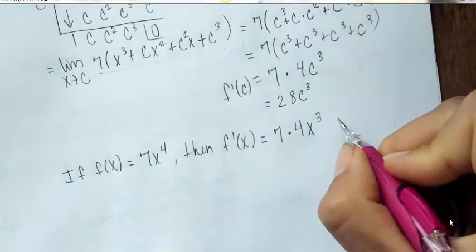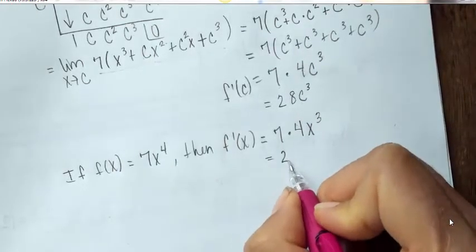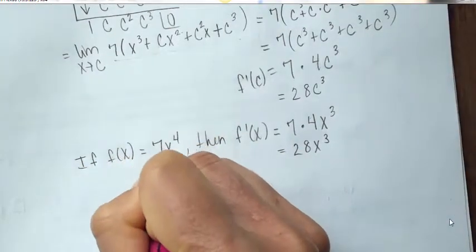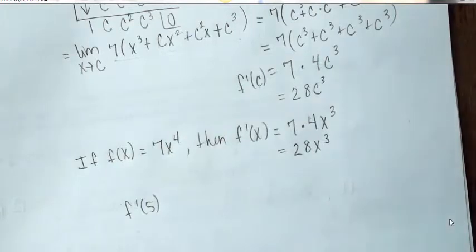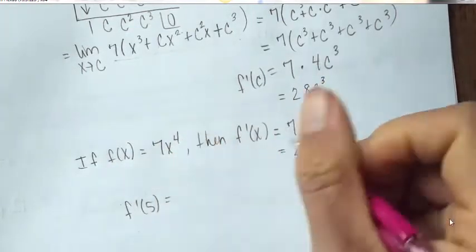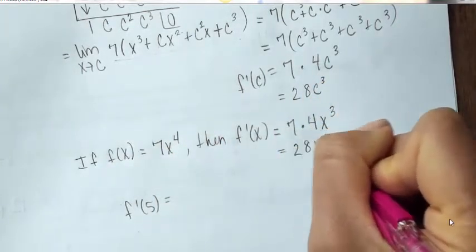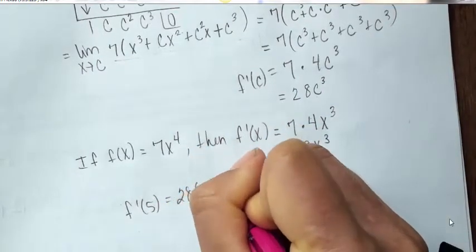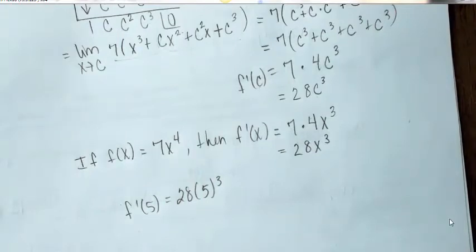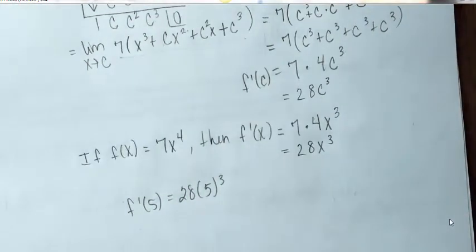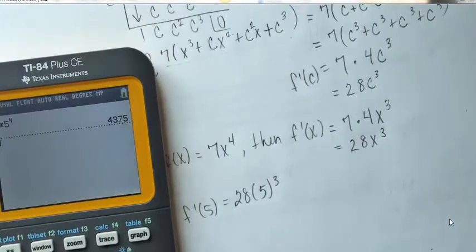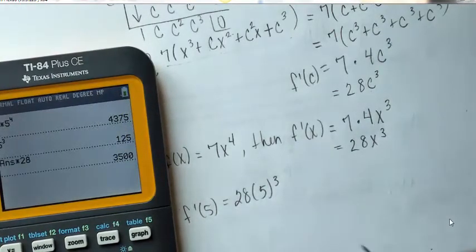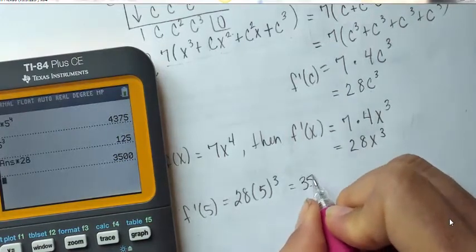And so that's basically going to equal 28x cubed. So then if we wanted f prime of 5, it's just going to be 28 times 5 cubed, which becomes a really simple problem. So let me go ahead and just do that real quick. That would end up giving you 3,500.